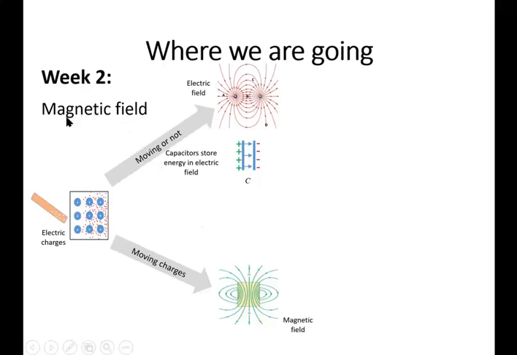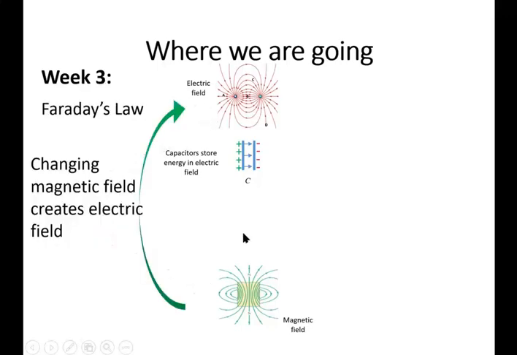Then, in the second week, we are going to talk about the sources of magnetic field, as I told you. Now, how do we produce a magnetic field? Magnetic field is produced by the movement of electric charges. If an electric charge moves, it will produce a magnetic field. We are going to learn more about this in the second week. Then, in the third week, we talk about Faraday's law.